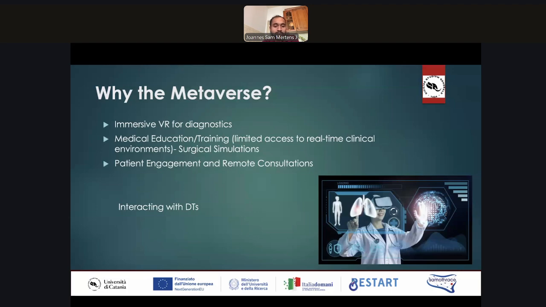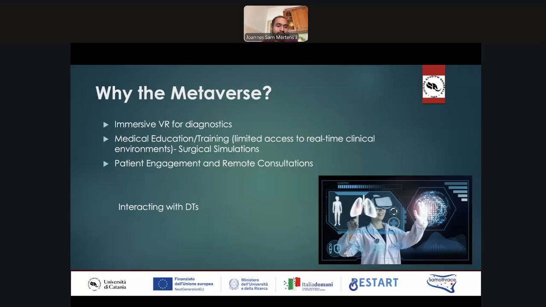For example, the doctor can analyze if a drug is injected, how does the human body change, how is it adapting, or how are the parameters changing. All these things can be done in an immersive way, and that's why we go for a metaverse framework. And also you can interact with the digital twins.